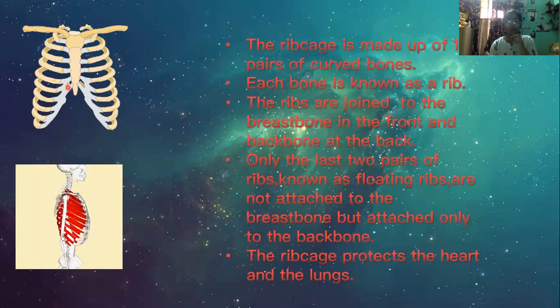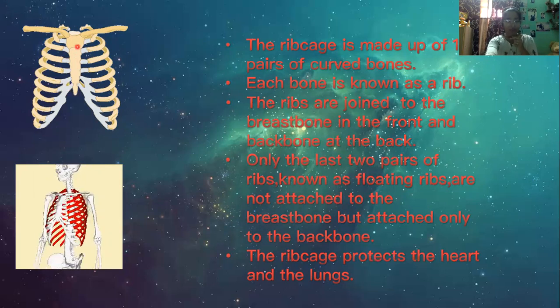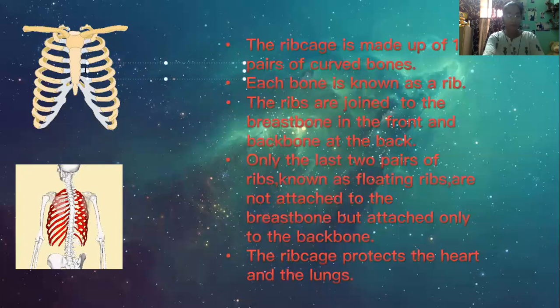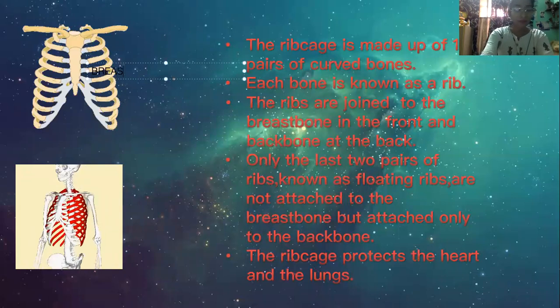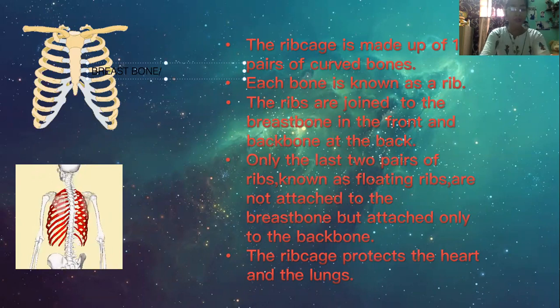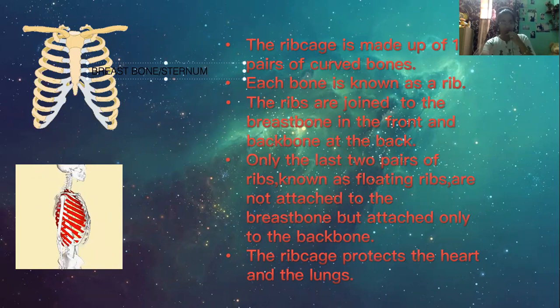The ribs are joined to the breastbone in the front. So can you see this? So this is called as breastbone, or there is a scientific name to this breastbone. We call them as sternum. All right.